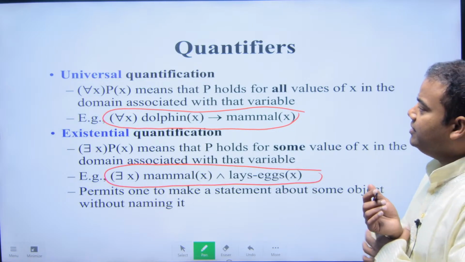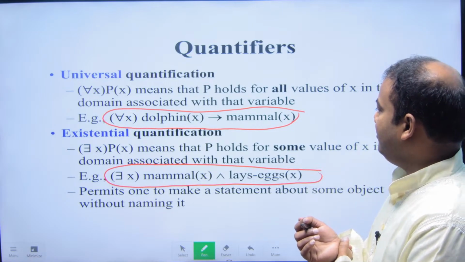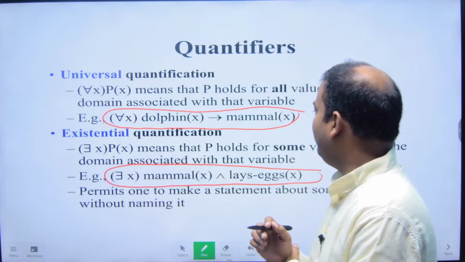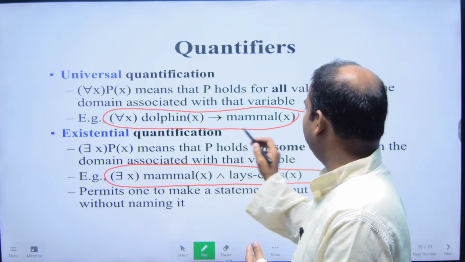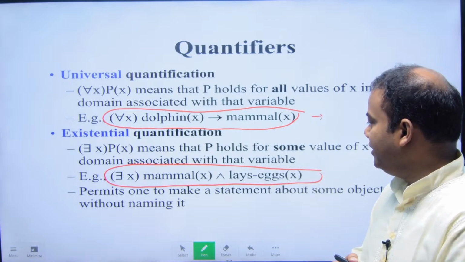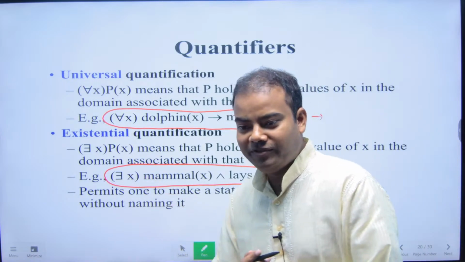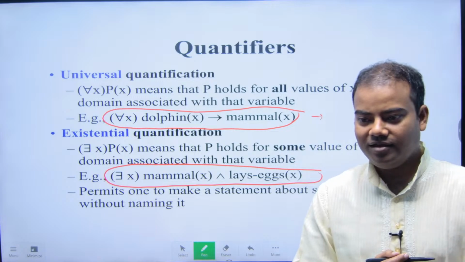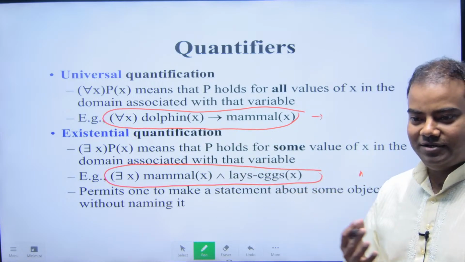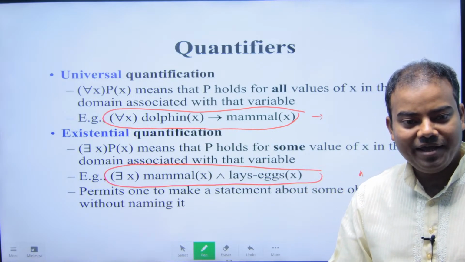Now one important thing here: when I am writing for all, normally the conditional sign is used, and when there exists, normally and is used. Later also it will be like this only. So why?